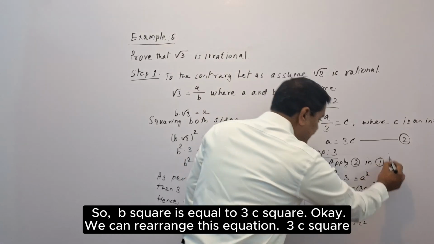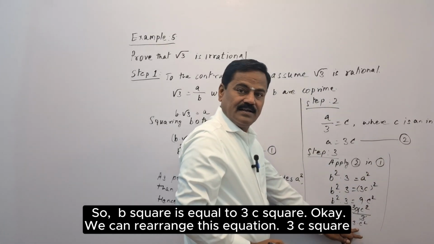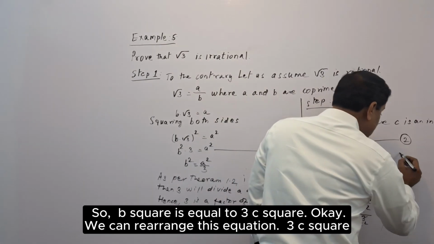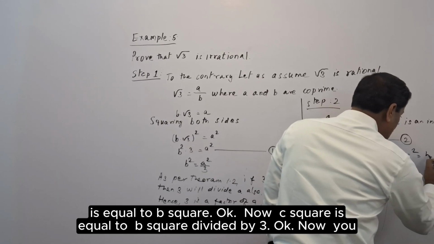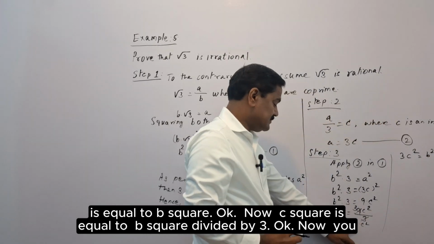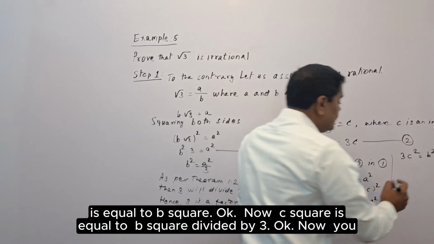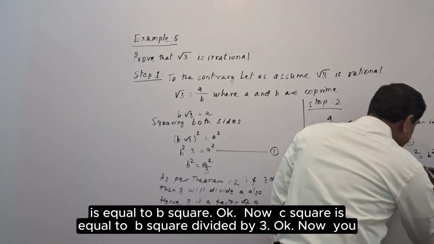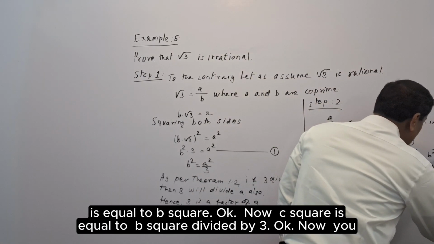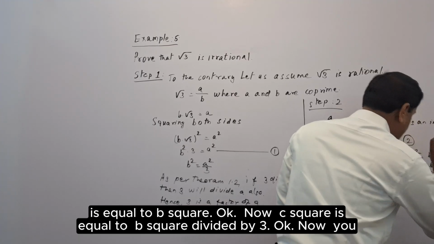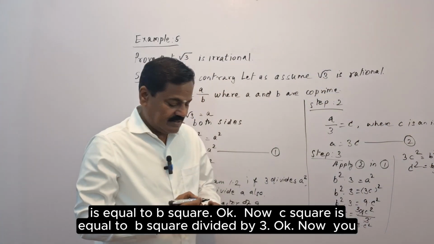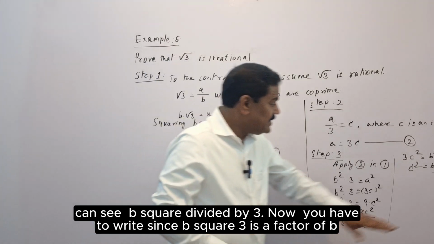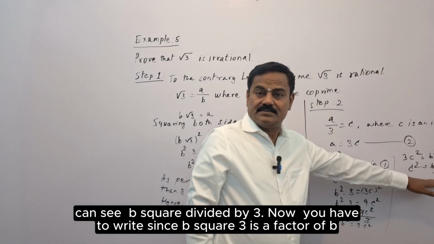We can rearrange this: 3c square is equal to b square, so c square is equal to b square divided by 3.